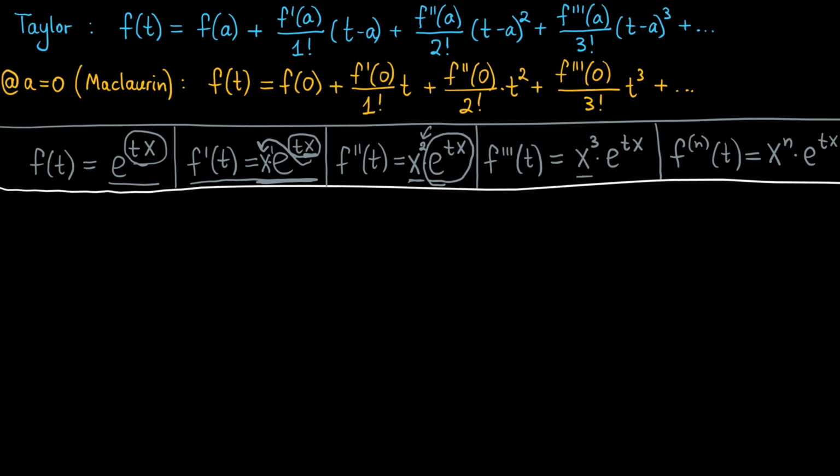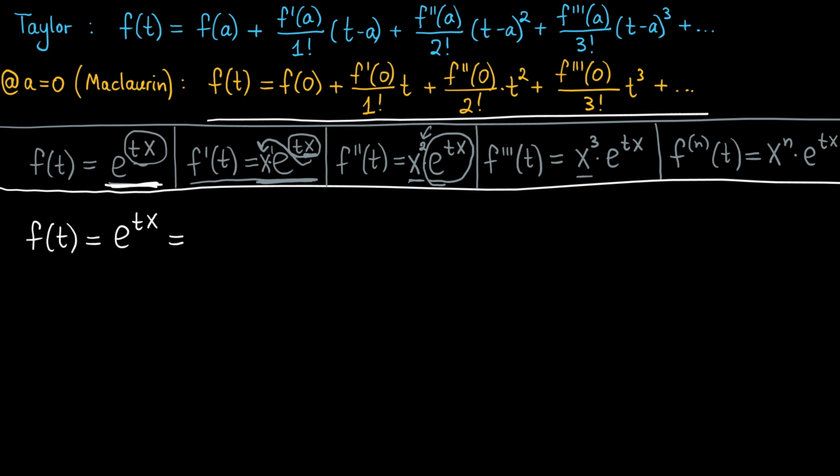Okay, so let's finally do the Maclaurin expansion of our function by applying this formula now that we have derived the derivatives. Okay, so f of t, which I'll also write out as e to the power of tx, equals, first term is f of 0. So when we plug in 0 for t here, we'll get e to the power of 0, which is 1.